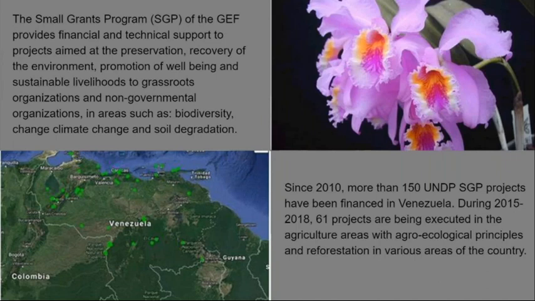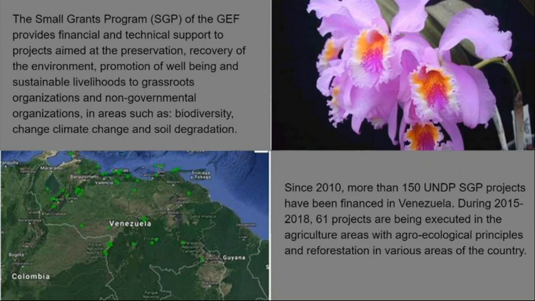The small grants program of the GEF, the SGP, provides financial and technical support to projects aimed at the preservation and recovery of the environment, and promotion of well-being and sustainable livelihoods, to grassroots organizations and non-governmental organizations in areas such as biodiversity, climate change, and soil degradation.